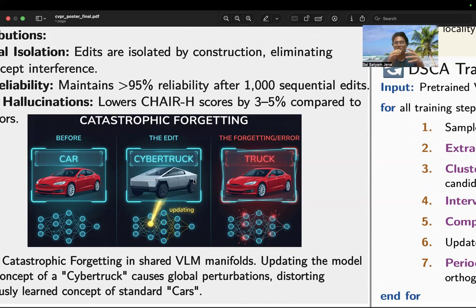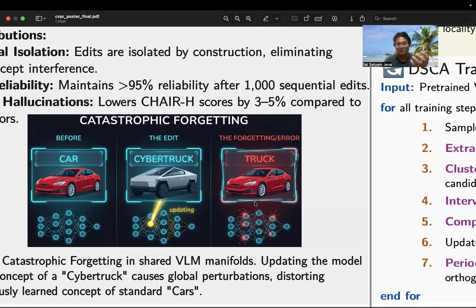We have a data set with different angle shots of a Cybertruck, and their captions are, this is a Cybertruck shot from back and from front, like this. Once the model has been fine-tuned on this new data set, what will happen? If we ask the same question, what is this, earlier it was answering correctly, it is a car.